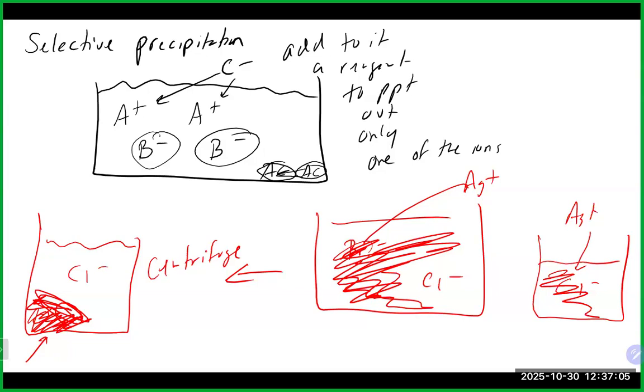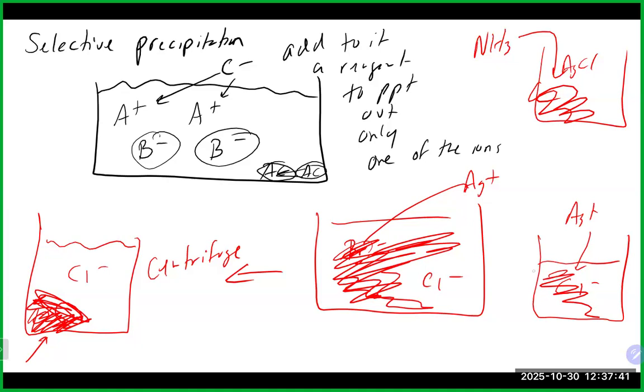That is really the idea of those qualitative analysis experiments: you selectively precipitate out either one ion or a group of ions as a solid. You centrifuge it, you pour the liquid off, which has the other ions floating around in it, and then you take that solid and do whatever you would like with it. For example, if you centrifuged out your silver chloride and you want to free up the silver from the chloride, you could pop some ammonia in there.